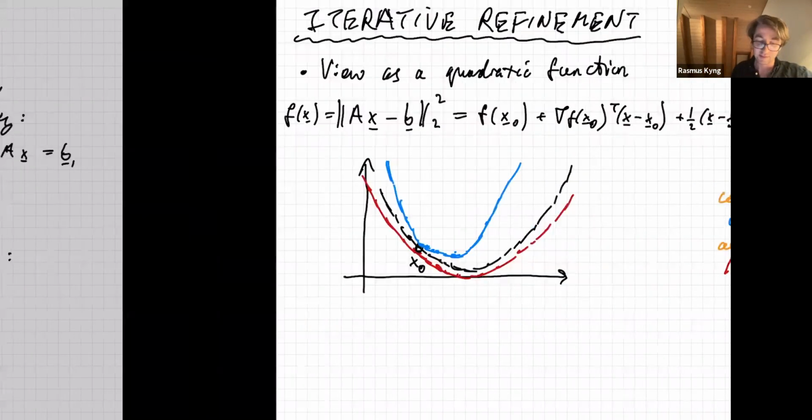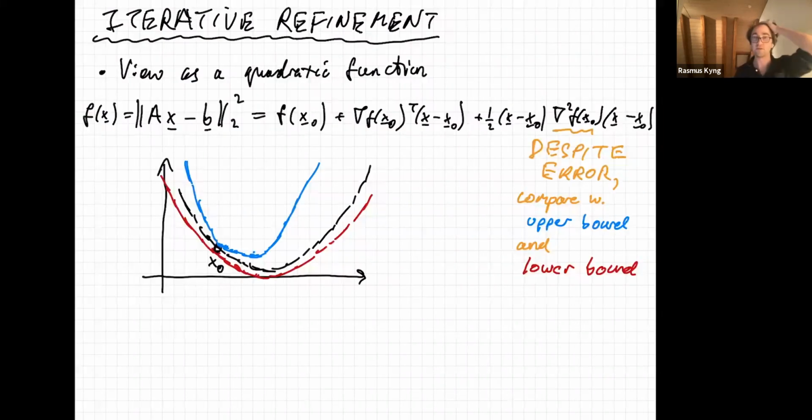Now, one way to think about where iterative refinement is coming from is to view the problem as a quadratic function. We can always think of a linear equation as a quadratic function being minimized. So think of f(x) as the 2-norm squared of Ax minus b, and then think of writing out the Taylor series: there's a constant term, a linear term, a quadratic term.